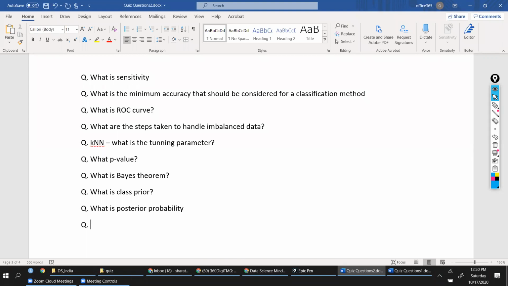Okay. What is basically required for improving your model's accuracy? The basic requirement for improving the accuracy of any model.